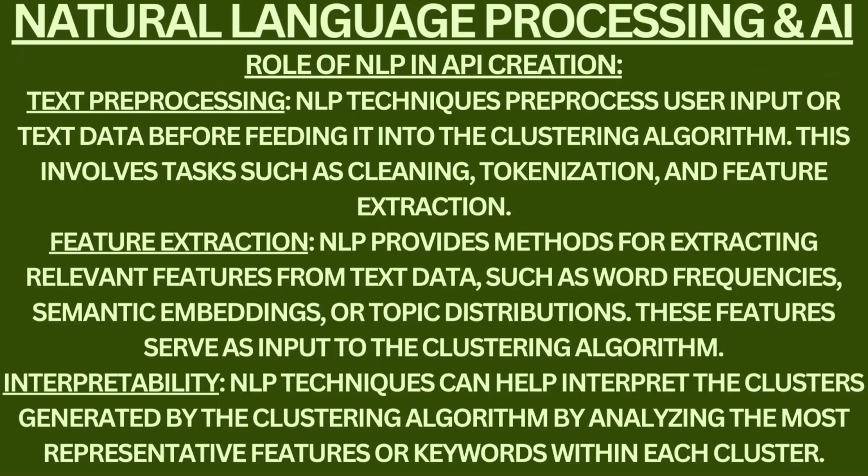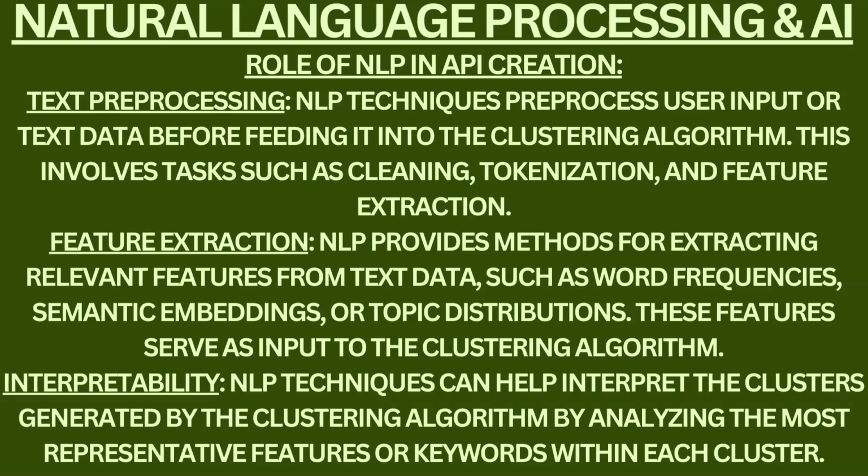Role of NLP in API creation. Text pre-processing. NLP techniques pre-process user input or text data before feeding it into the clustering algorithm. This involves tasks such as cleaning, tokenization, and feature extraction. Feature extraction. NLP provides methods for extracting relevant features from text data such as word frequencies, semantic embeddings, or topic distributions.